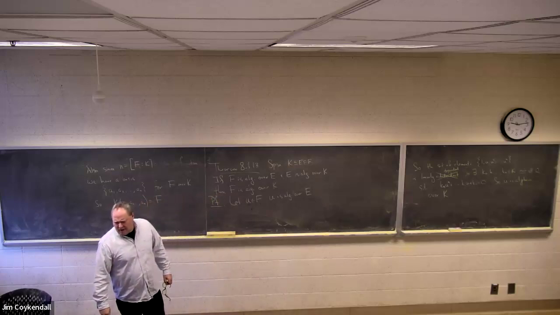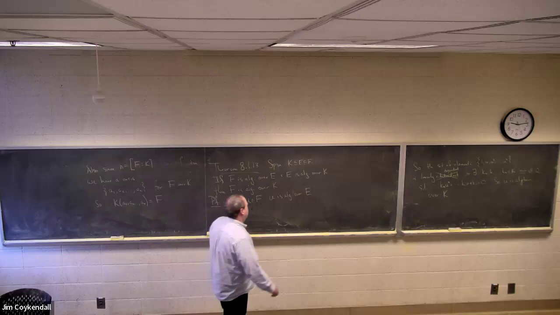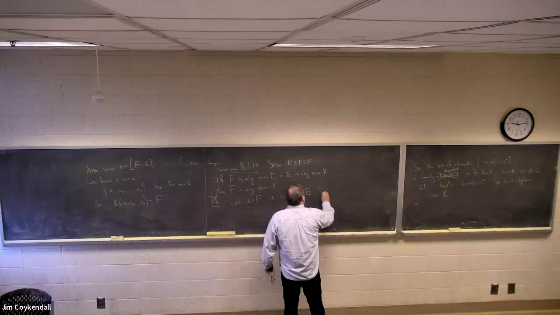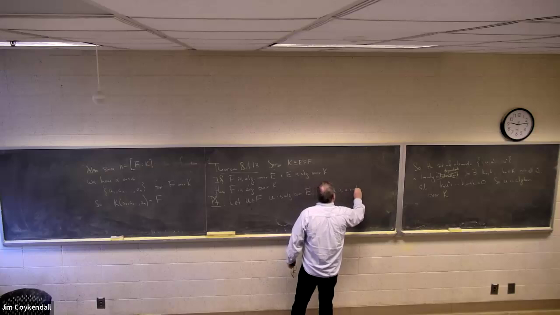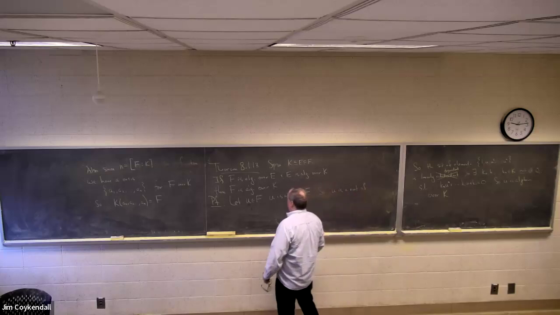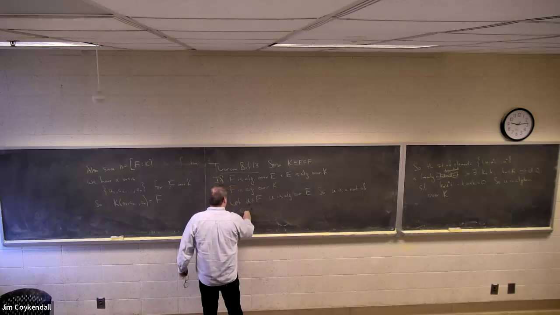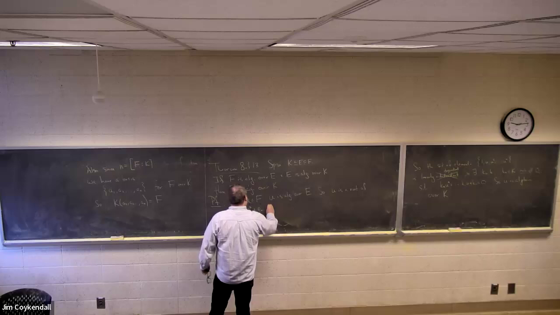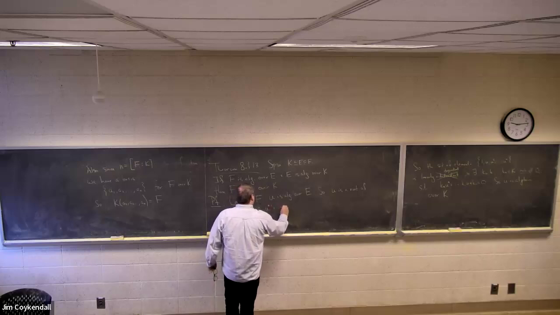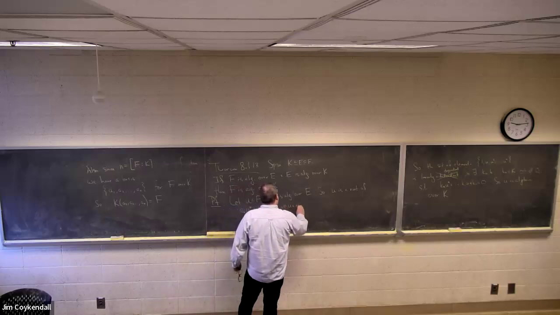So in particular, U is a root of E_n U^n plus E_{n-1} U^{n-1} plus up to E1 U plus E0.